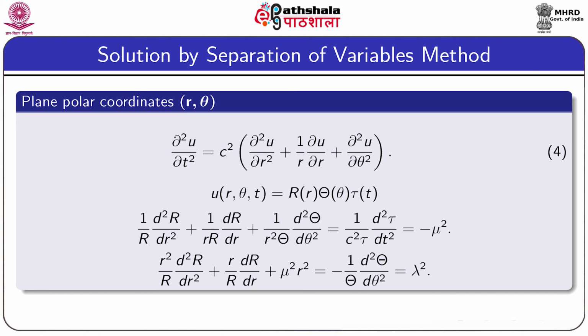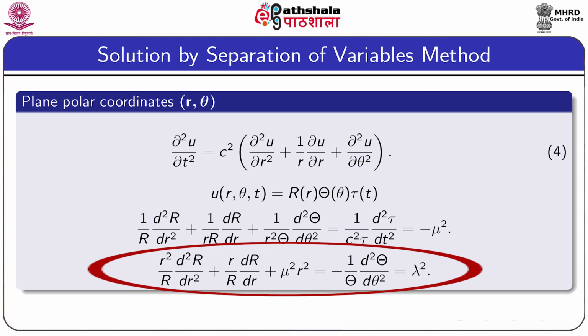So, first we are separating the function T from the functions of r and θ, and to get the periodic solution, we are assuming the separation constant as a negative number, which here is minus μ². So, the equation becomes what is written in the last line.